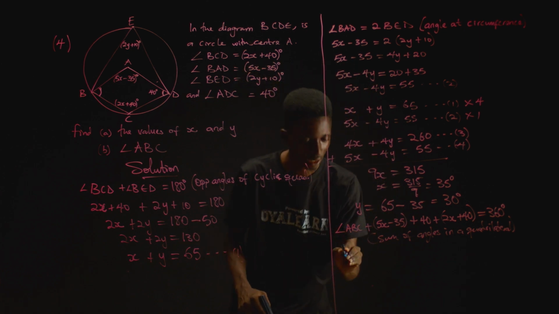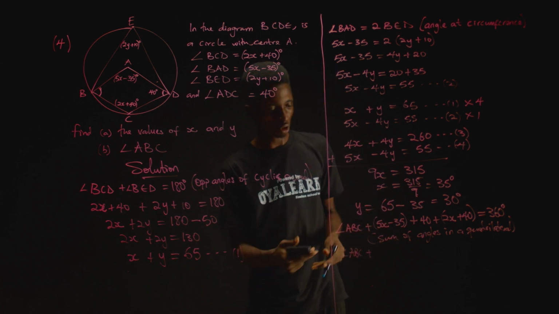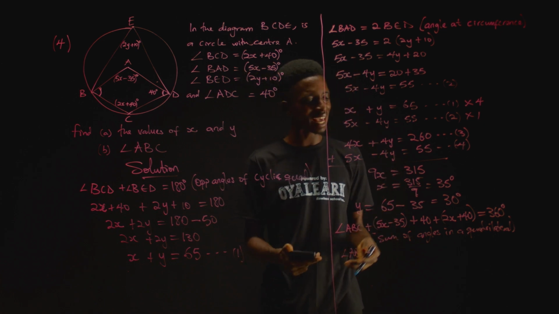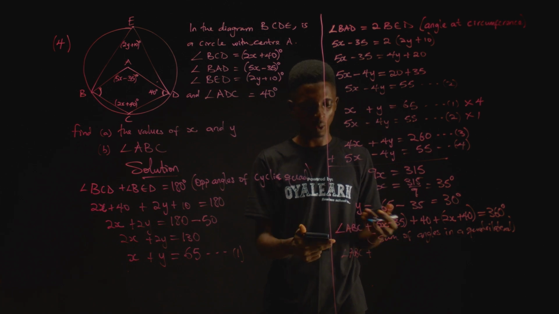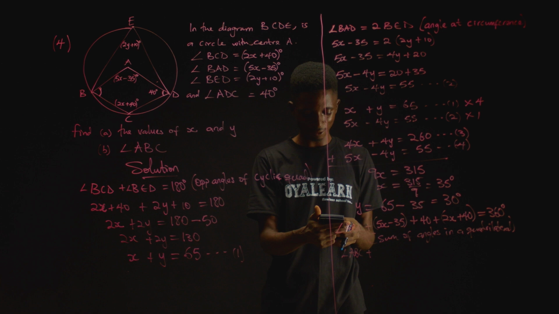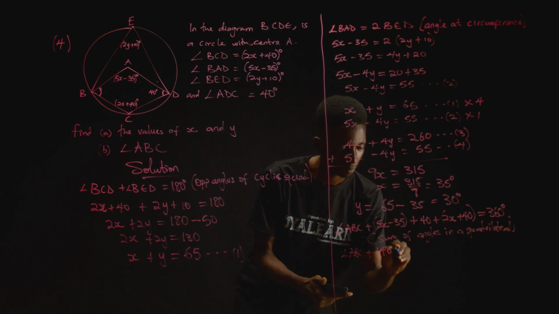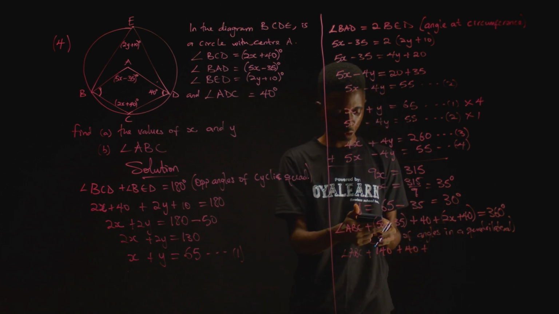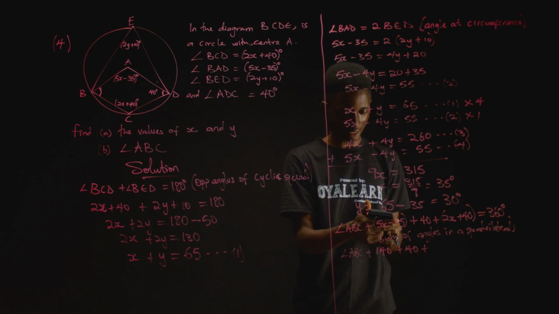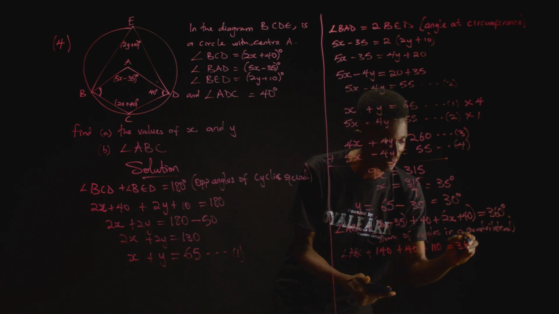Now let's solve this. We can then say our angle ABC here plus, now let's solve what we have here. So 5x, x is 35. So 5 multiplied by 35 would give us 175, and minus 35 from that, we have 140, plus 40 plus now 2x, that is 2 times 35, that is 70 plus 40, and we have 110, all equals 360 degrees.